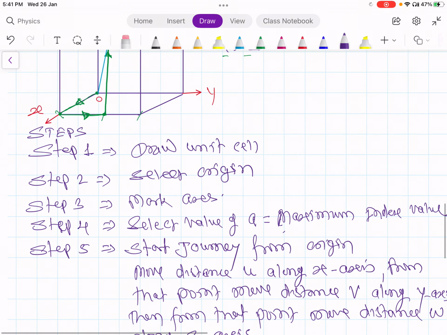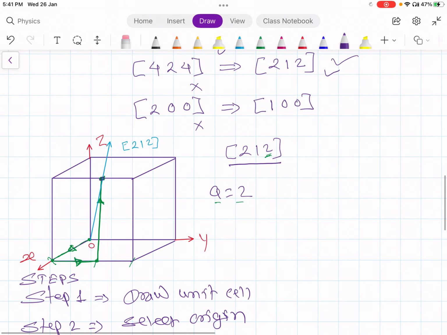So we got this point, and then we have to draw the direction from the origin and through that point. So that is the direction 212.